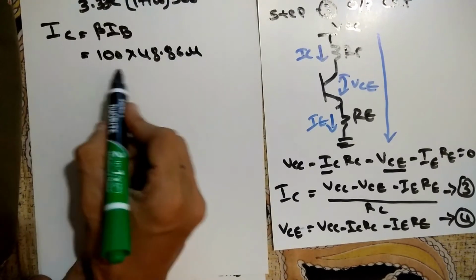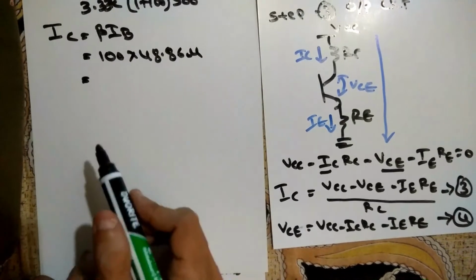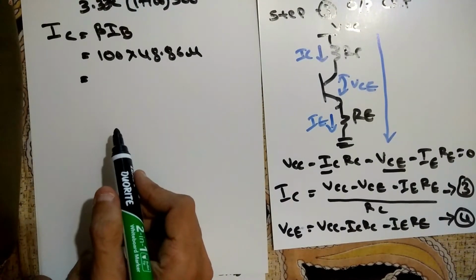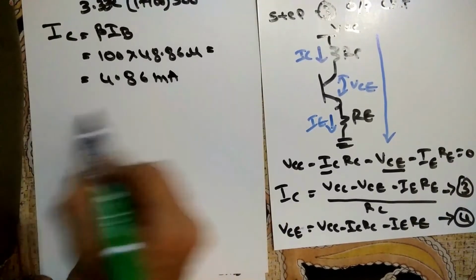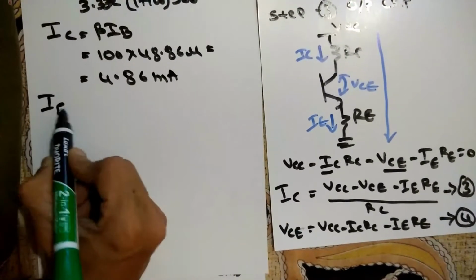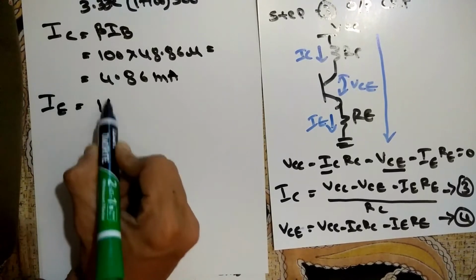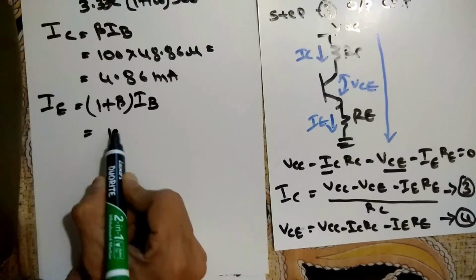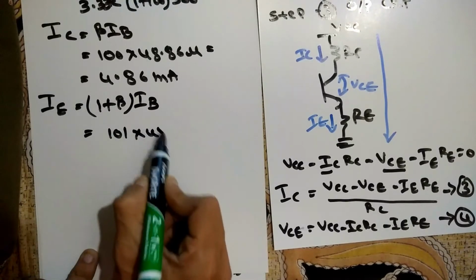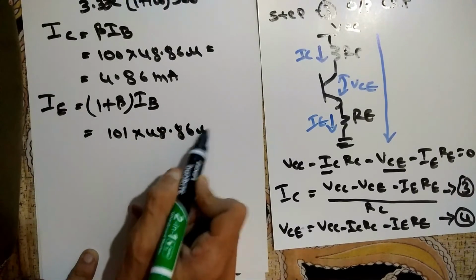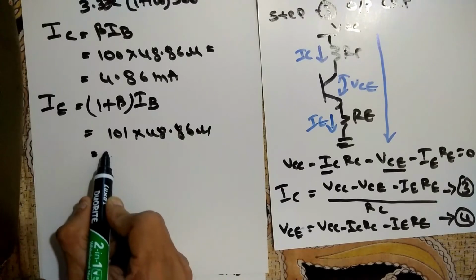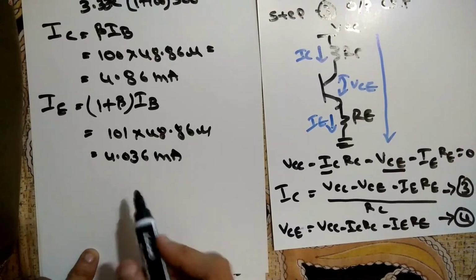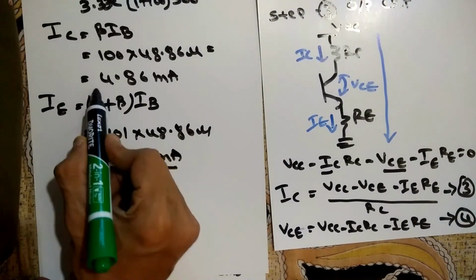So we are getting IC as 4.86 milliamps. Similarly we can find IE. We know that IE is 1 plus beta into IB, so 101 into 48.86 micro, which gives 4.036 milliamps. So these are the IE and IC values.